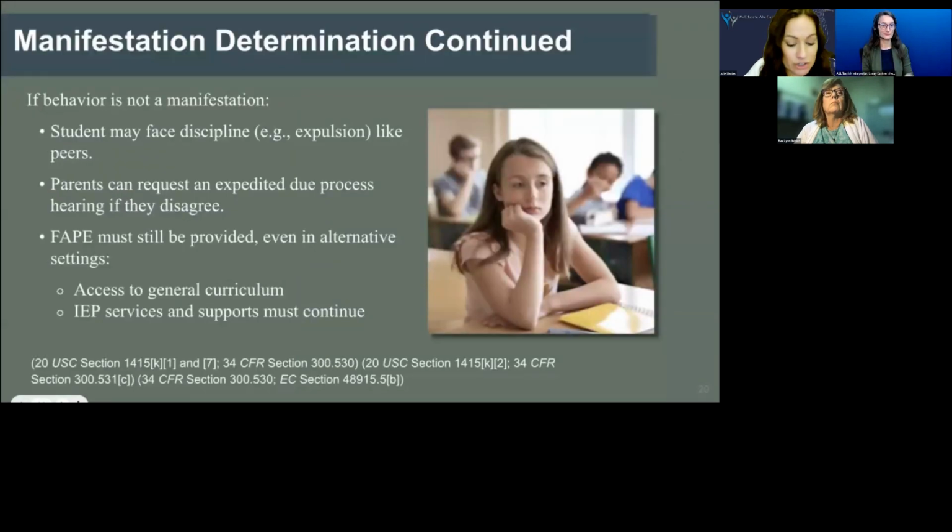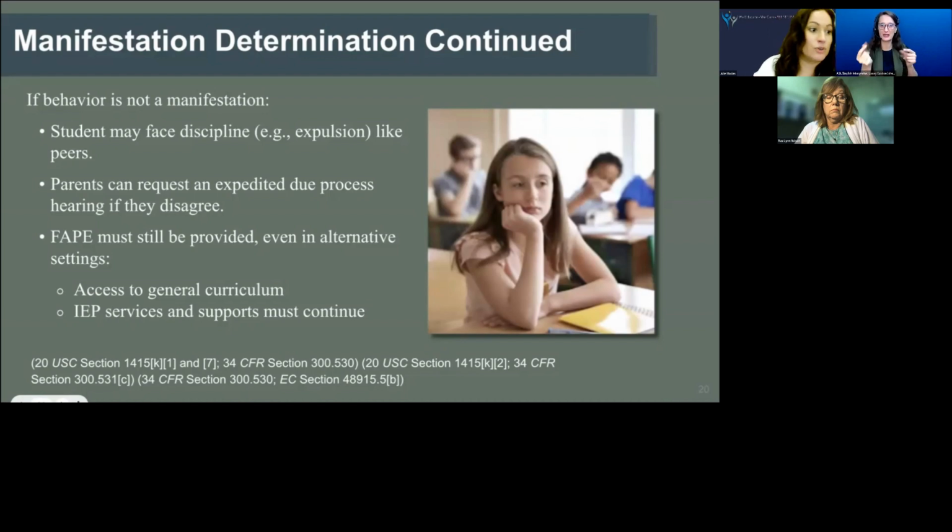If the manifestation determination review team concludes that the student's misconduct was not a manifestation of the child's disability, the school district may take disciplinary action, such as expulsion, in the same manner as it would for a child without a disability. If parents disagree with the team's decision, parents may request an expedited due process hearing.